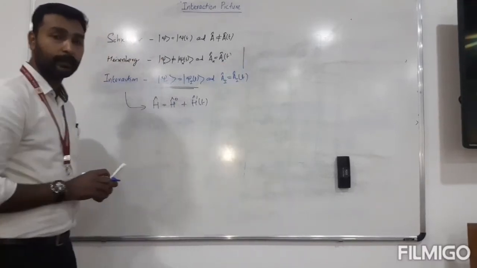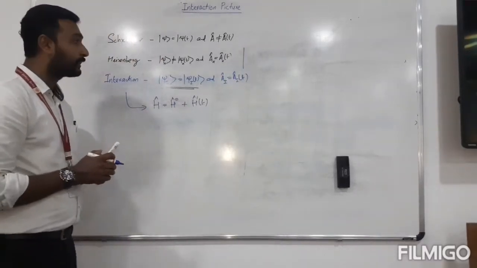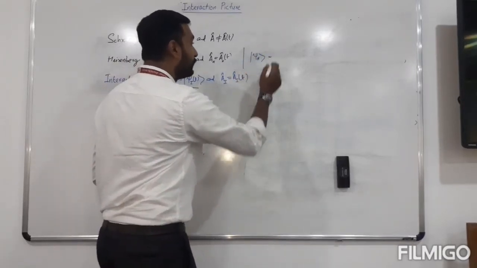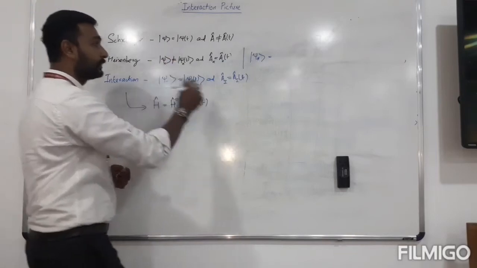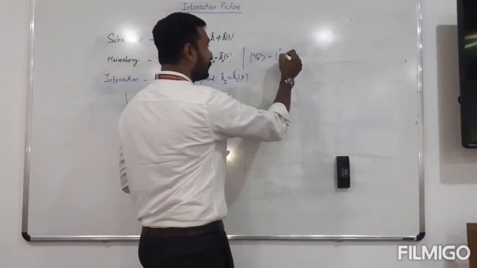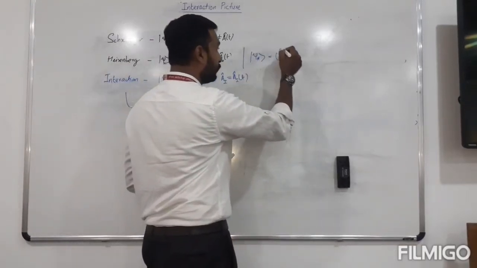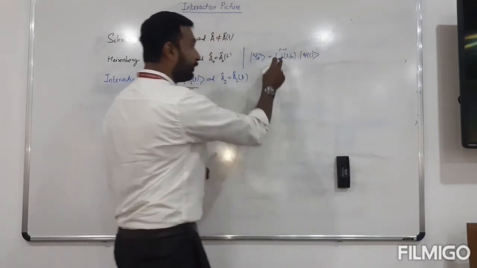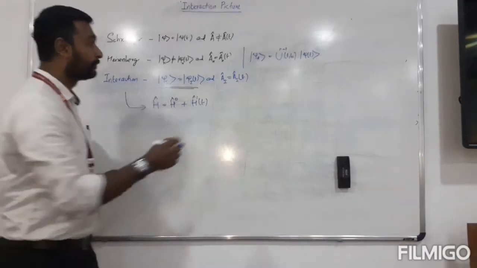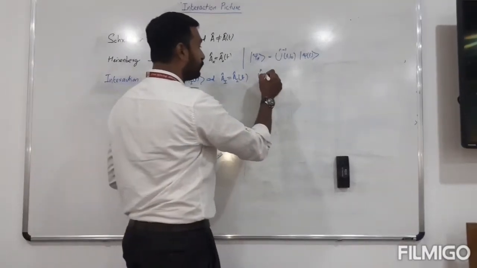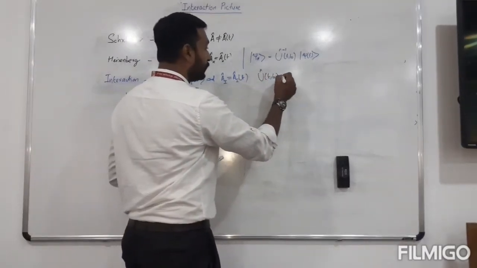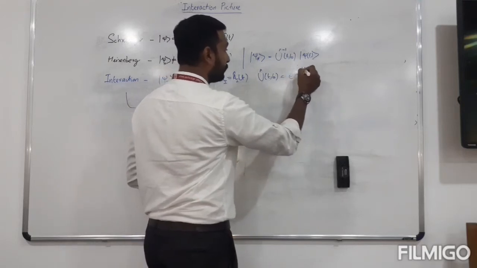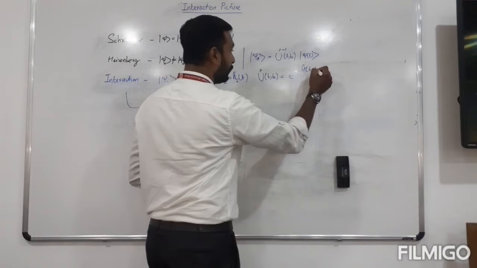In the Heisenberg picture we connected the state vector psi H and the state vector in the Schrödinger picture in this form: psi H is U inverse(t, t0) psi of t. And what is U(t, t0)? U(t, t0) is exponential of minus i by h cross H into (t minus t0).